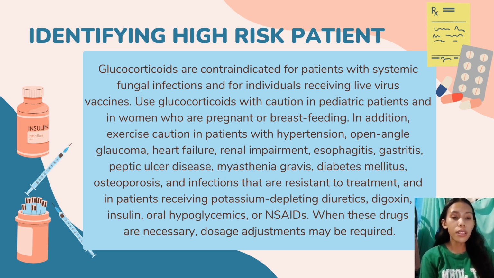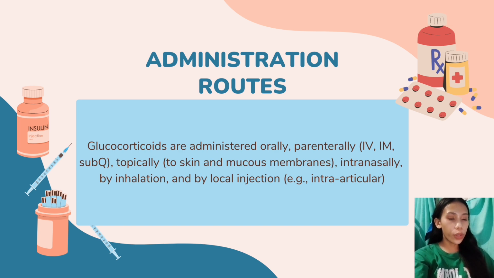When these drugs are necessary, dosage adjustments may be needed. Glucocorticoids are administered orally, parenterally (IV, IM, sub-Q), topically to skin or mucous membranes, intranasally, by inhalation, and by injection, intra-articular.